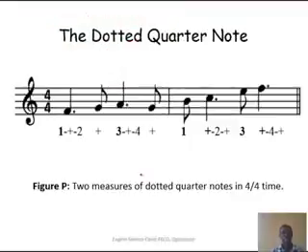Let's move on as we learn the dotted quarter note. This might seem a bit difficult, but it's not difficult. Although here it may seem a little bit tricky, it's still not too tough. A quarter note gets 1 beat, considering 4/4 time signature.